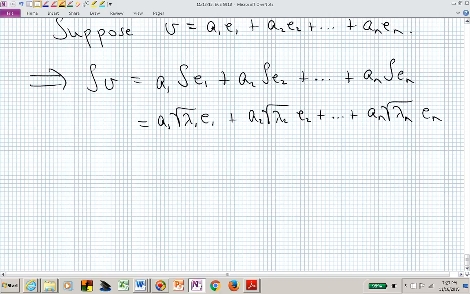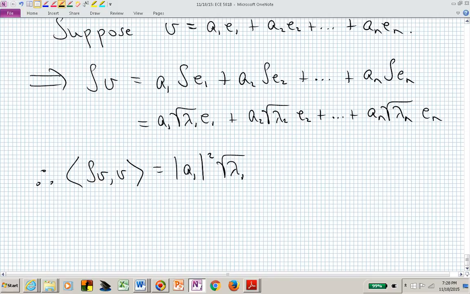If we now look at that expression for SV, inner product with V, I hope you can see that we now have A1 times its conjugate, so that gives us the magnitude of A1 squared times the square root of lambda 1.